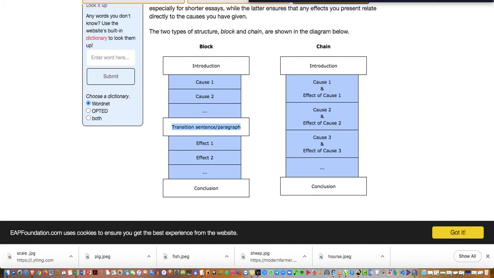So what we do is we do cause 1, cause 2, and this is effect 1, effect 2. But let me tell you, is it really interesting if you write like that?